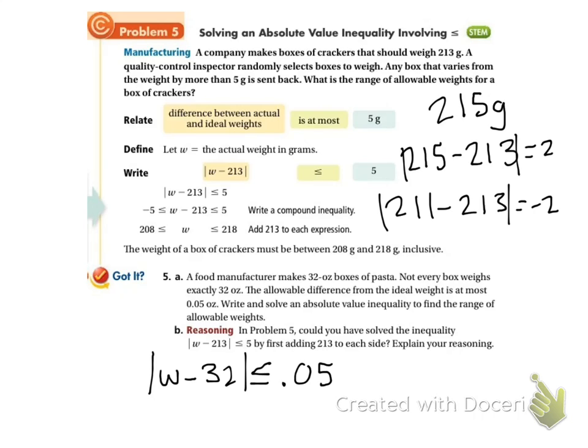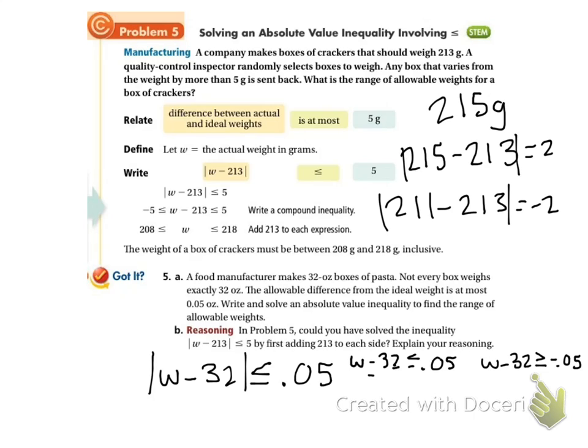So remember, I wrote my two equations. One is going to be positive and one's going to be negative. So I have W minus 32 is less than or equal to 0.05. And when I make my negative one, so W minus 32, I need to flip the sign. It's greater than or equal to negative 0.05. And then I'll solve it.